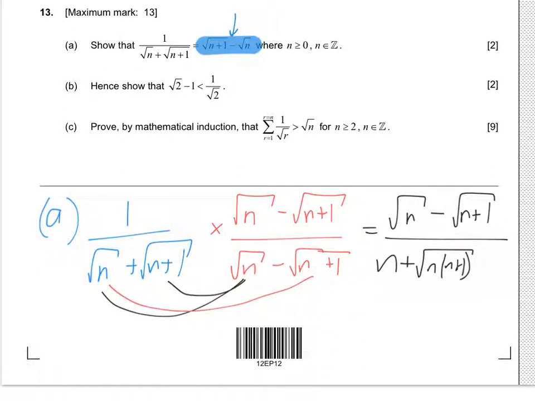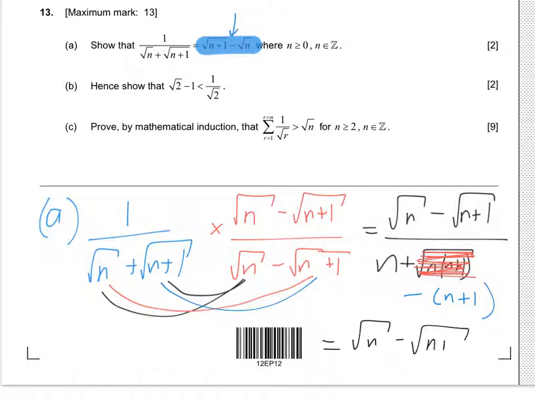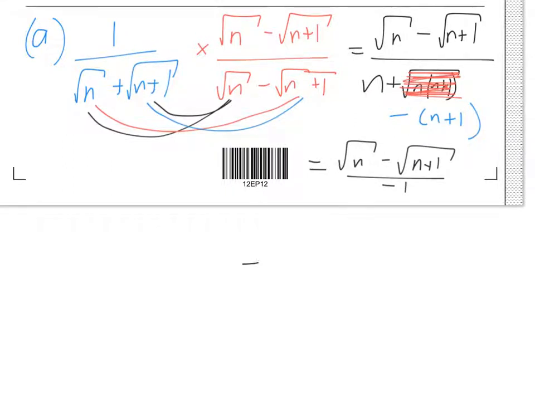So in fact, that cancels out, which is the whole point. The square root bit vanishes, and minus root of n plus 1 times root of n plus 1, which is n plus 1. Which gives you root n minus root n plus 1 all over negative 1, which equals the answer that we're given, which equals root n plus 1 minus root n.